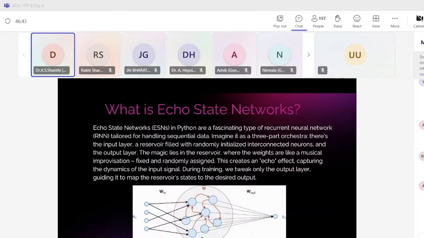This creates an echo effect, capturing the dynamics of the input signal. During training, we tweak only the output layer, guiding it to map the reservoir states to the desired output.